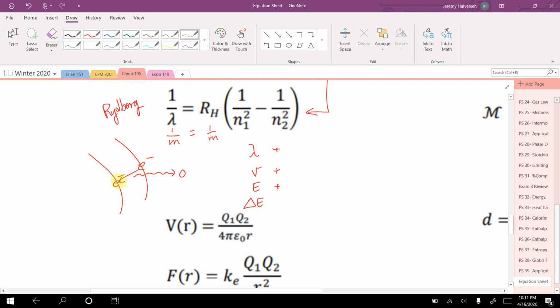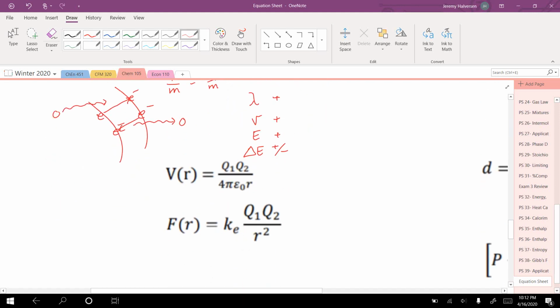If this electron is going down, it's losing energy in the form of a photon, so that would be negative. But if an electron was going up, that can only happen if it absorbed a photon, so that electron would be gaining energy, so that would be positive. So a change in energy can be positive or negative, but a wavelength, the frequency, or the energy of a photon is always going to be positive.